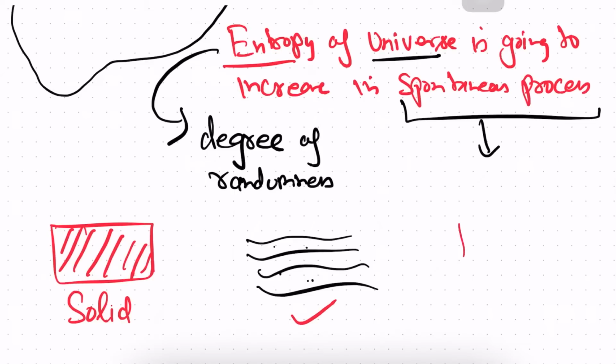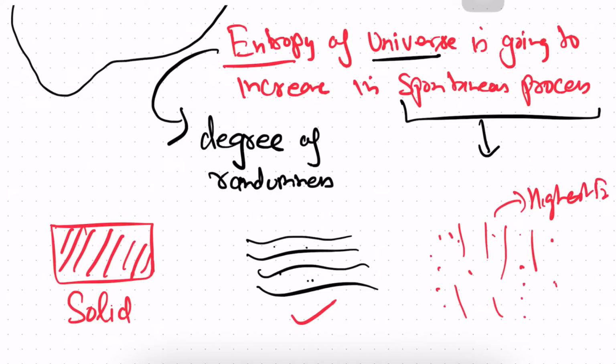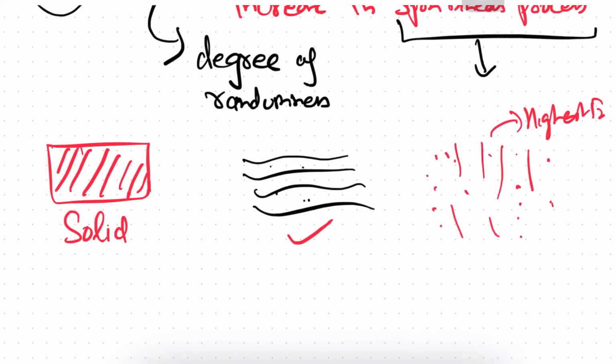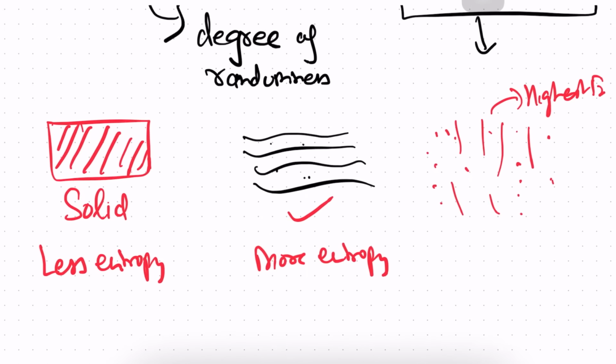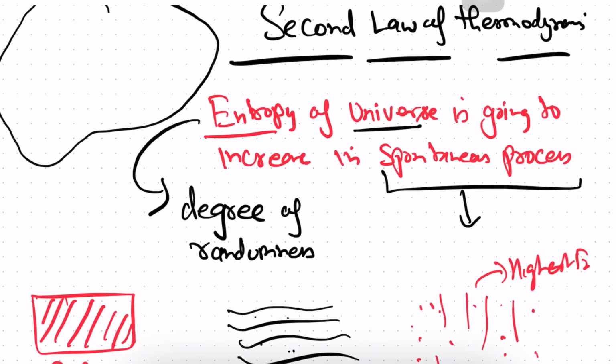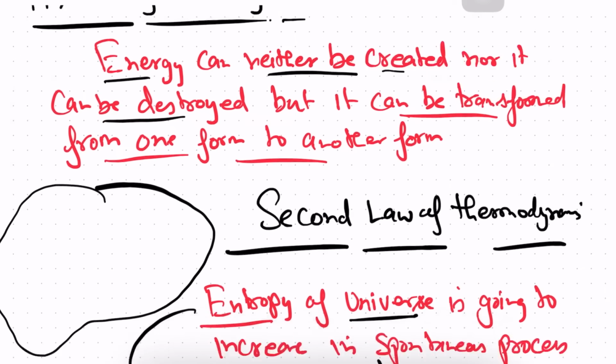And if you have a gaseous state, in the gas state the molecules are moving more randomly, so here you have the highest entropy. So in the solid you have less entropy, in the liquid state more entropy, and in the gaseous state the highest entropy.